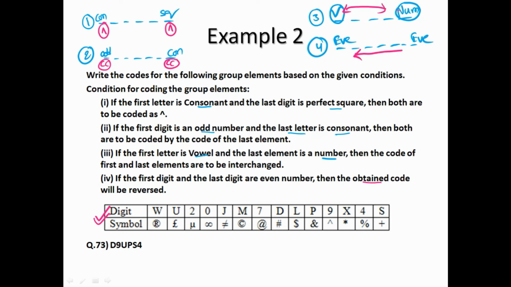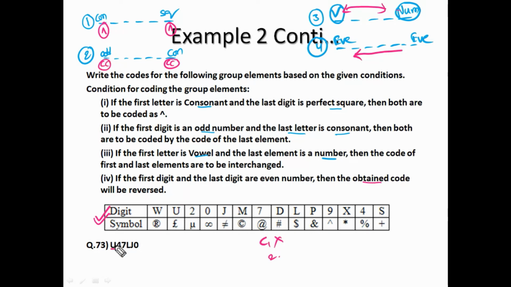Next question. Condition 1: first is a consonant? No, it is not a consonant, so fail. Second condition: first is an odd digit?